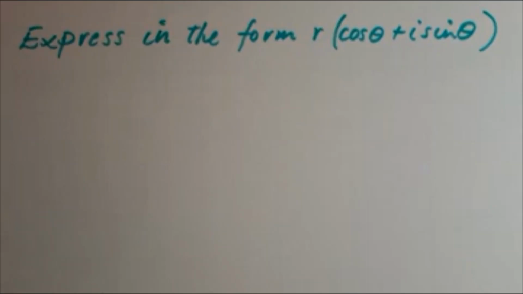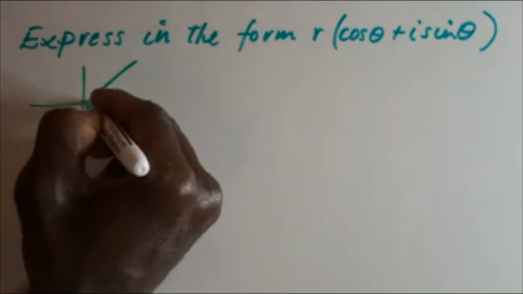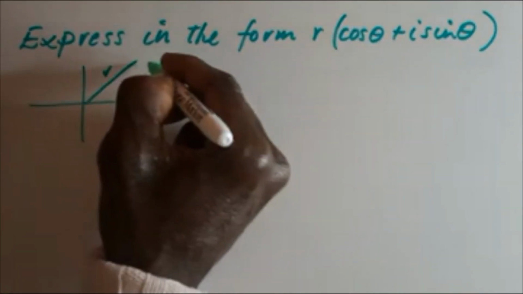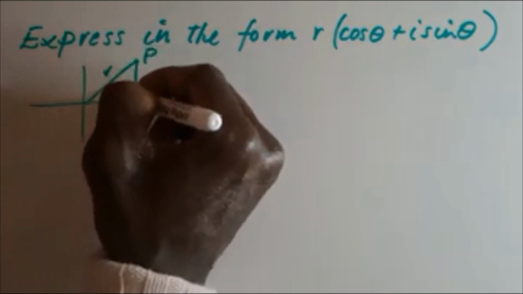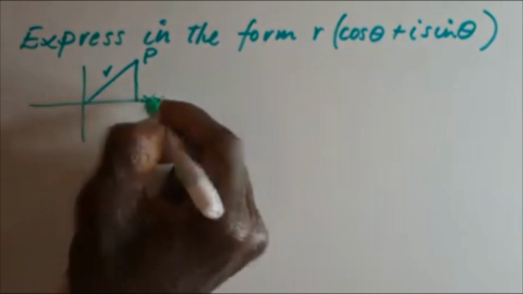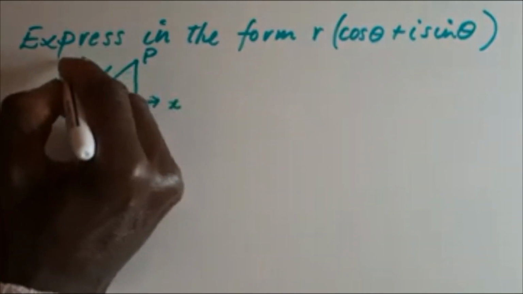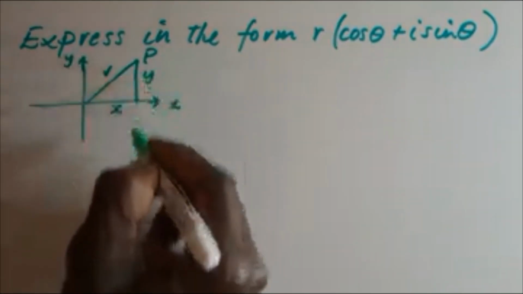Hi there. Today we'll talk about expressing a complex number in the form r brackets cosine theta add i sine theta. If we look at a little sketch here, we have our radius r, the point P at the end here, and this being your x-axis, this your y-axis. So this is x and this is y.